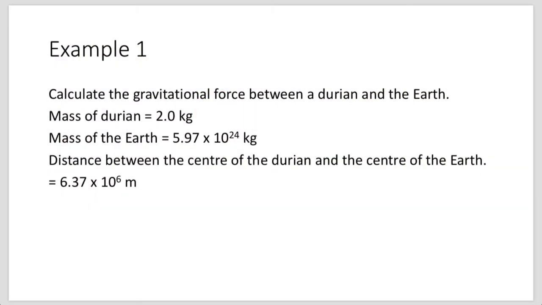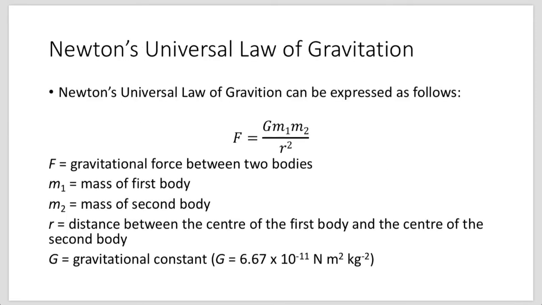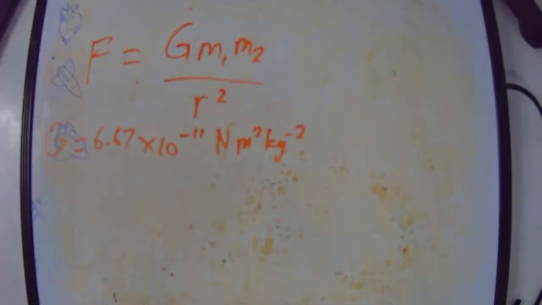Some questions might not give you G, so make sure you remember this. G equals 6.67 times 10 to the power of negative 11 newton square meter per kilogram squared. This is the value of G, so that is never going to change. Whatever question you see, the value of G is going to be the same.